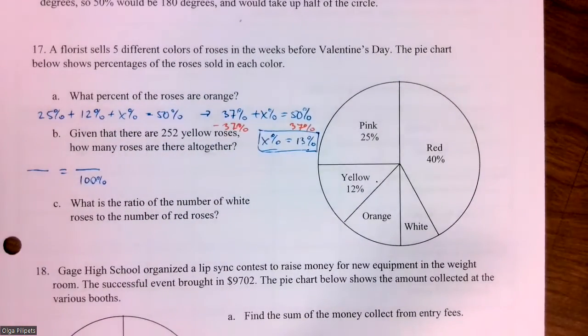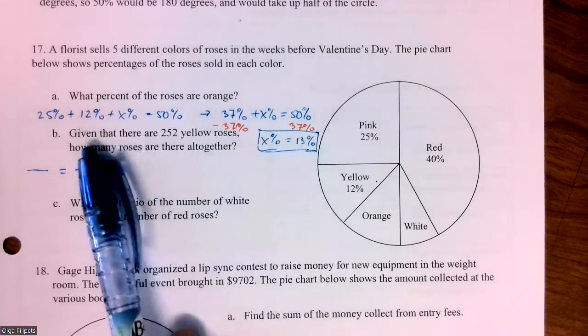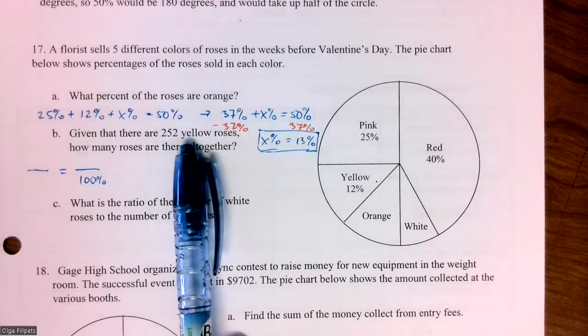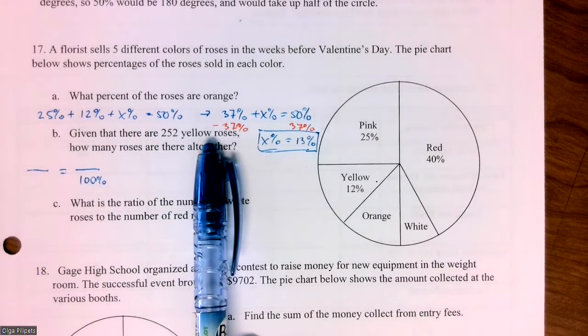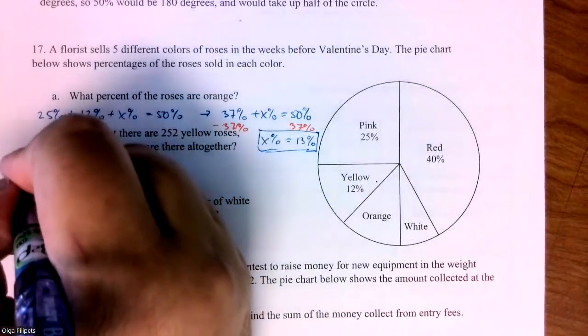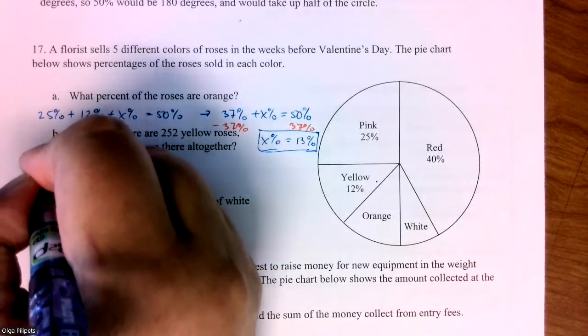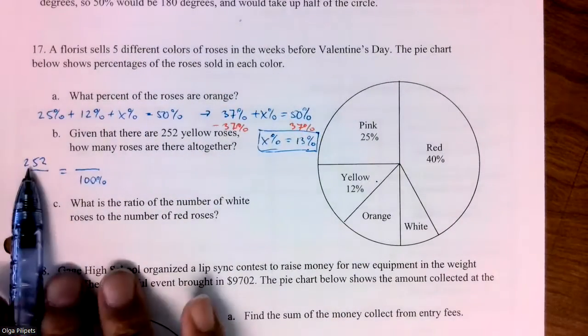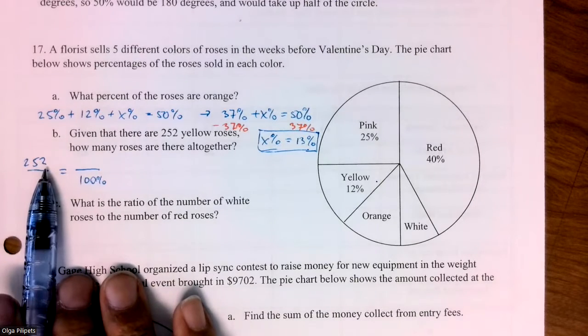What are we given here? So we know that there are 252 yellow roses. That's not the whole, right? That's the number. All right. So 252, or the amount. So that goes in the place of the amount, right?